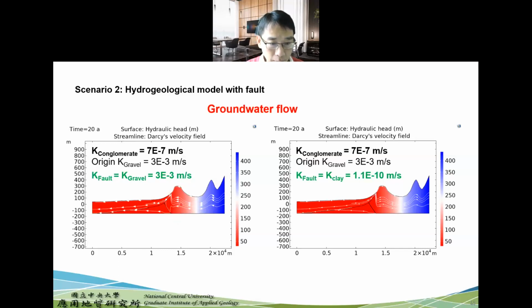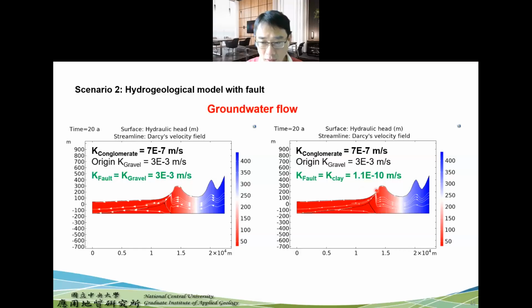So the water will flow upward or downward to this kind of sink system and go to the plain area. And if we set low K values, they become like a barrier. So the water cannot penetrate, so there is only uplift behavior. They force the water to uplift to the proximal fan area.